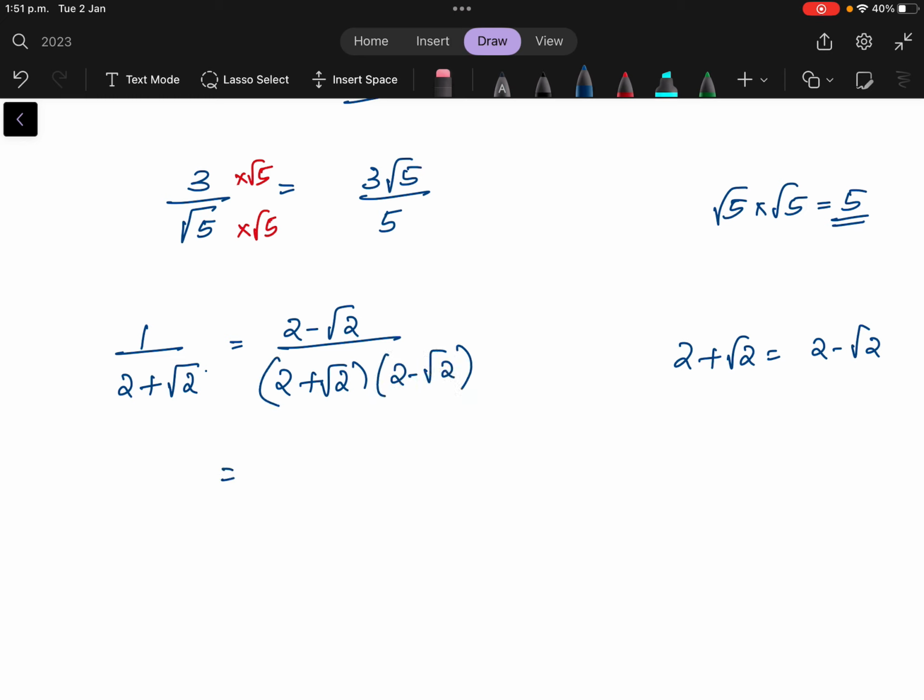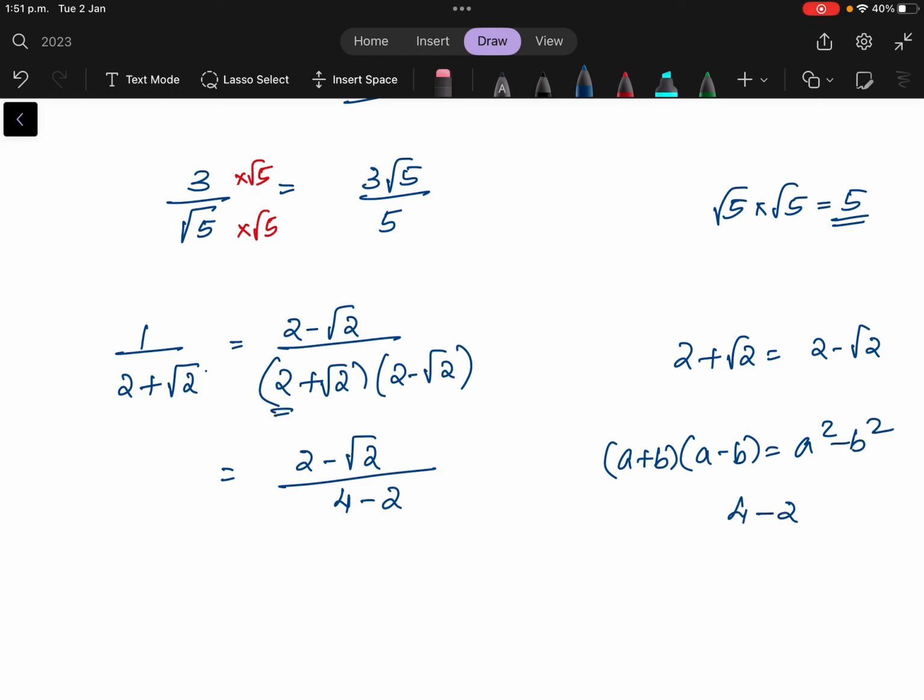Then the denominator, when you simplify it, will become a normal natural number. So I will have the numerator just like this, and when you simplify the denominator, you will get 4 minus 2. How did I do this fast? a plus b times a minus b is equal to a square minus b square, and here this is a and that is b, so 4 minus 2. So that is how I did the sum fast. So it is 2 minus root 2 by 2.